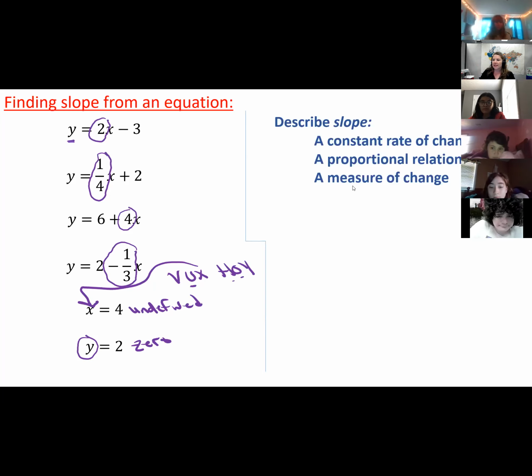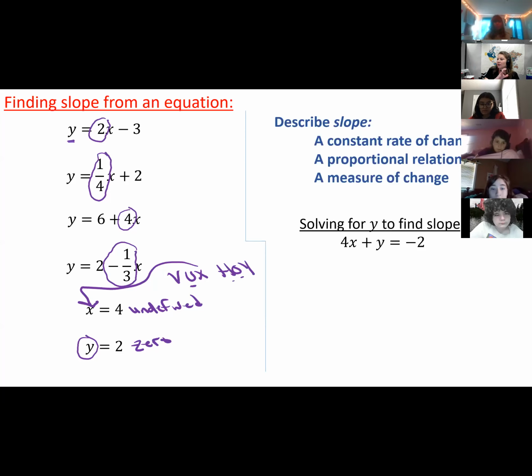Okay. Now I did tell you that slope is the number multiplied by x as long as y is by itself. So sometimes you're going to see a problem where y is not by itself and you have to solve for y. So just like all equations, to get something by itself, you've got to cancel out what is sharing the side with whatever you're trying to solve for.